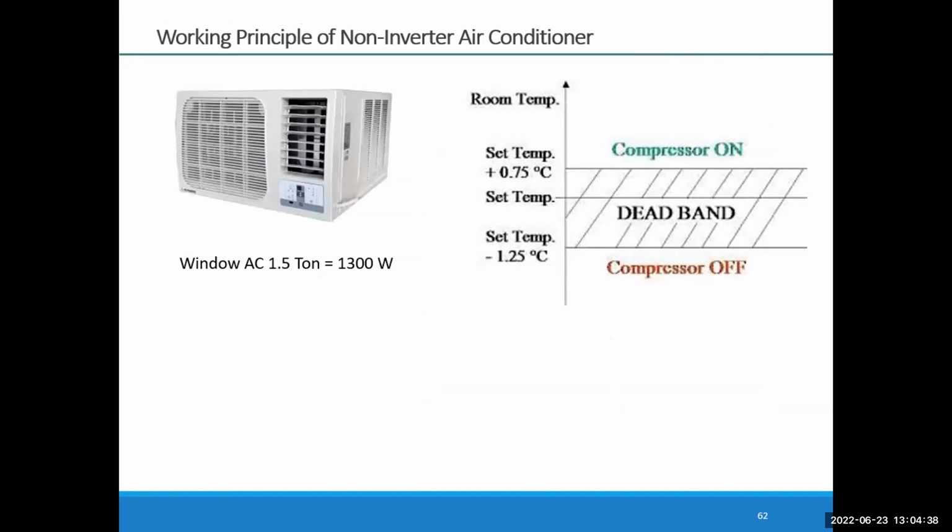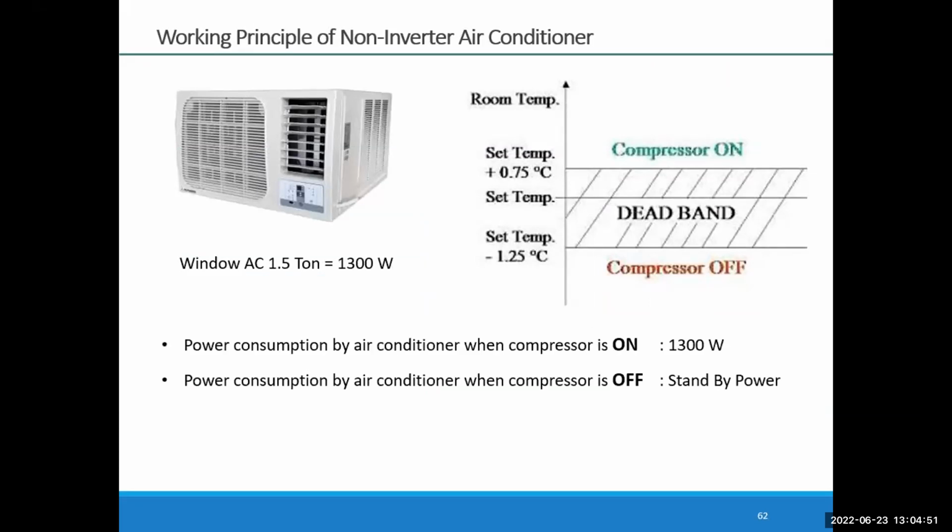Take a 1.5 ton window AC, for example, which has a rated power of 300 watts. There is a compressor motor inside this air conditioning unit, which switches on and off with respect to the desired room temperature setting. When the compressor is on, it may consume around 1300 watts, or even less if you measure with an energy meter.